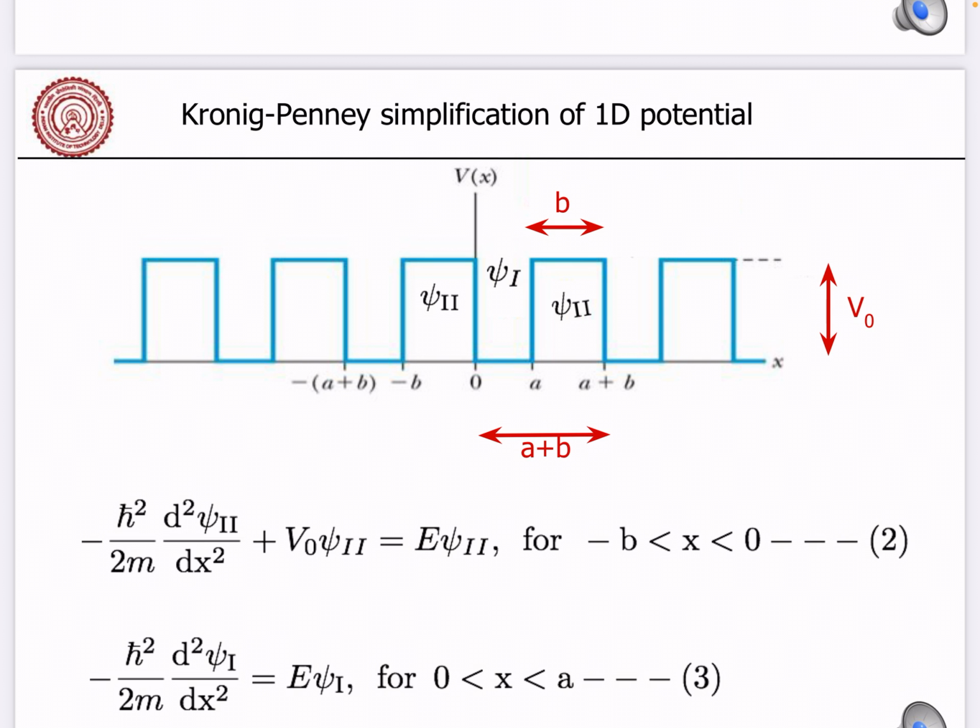As I discussed in the last class, the periodicity of the potential is A plus B. A is the distance between two atoms, let's say, and B is the width of the potential, so the periodicity is A plus B.